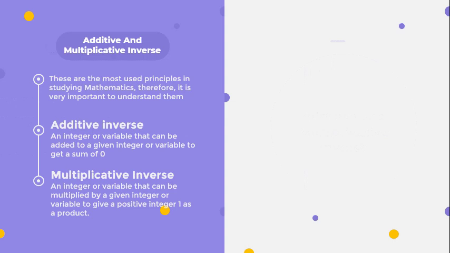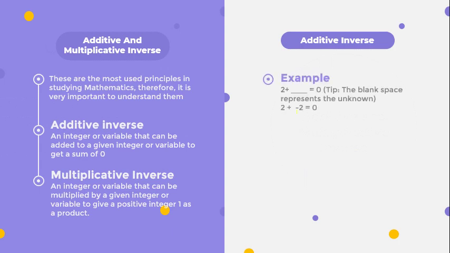Now, let us see an example of an additive inverse. You can be given an integer 2 plus blank. In this case, the blank space represents the unknown. The answer has to be 0. So, as you are learning, you are looking for a number that when you add that number to 2, it will give you a 0.